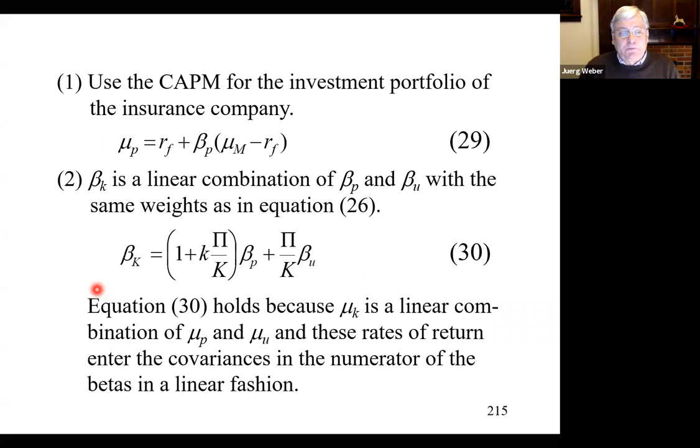So beta k is this linear combination of beta p and beta u with the weights that we had before. That's because everything is linear, so the returns mu k, mu p, mu u go into the covariances in the numerator of the betas in a linear fashion. So everything stays nicely linear and we get again the same weights. The algebra I don't show, it's a bit tedious.